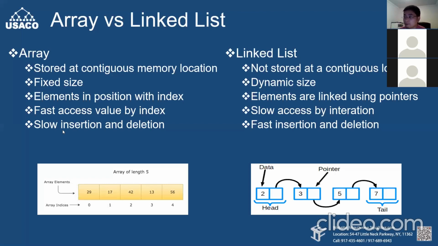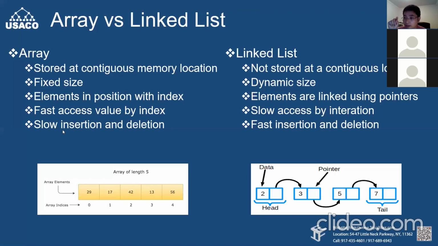For the linked list, it's relatively fast insertion and deletion. Why? Think about that. I try to add a new item into the list. I only need to know the position where I should insert the item. And then what?